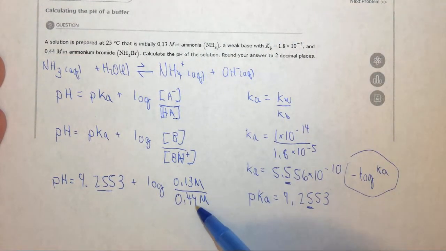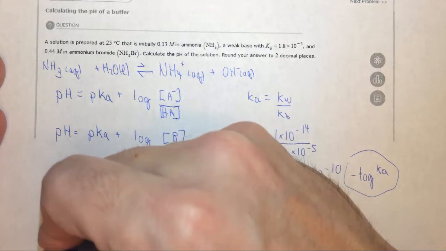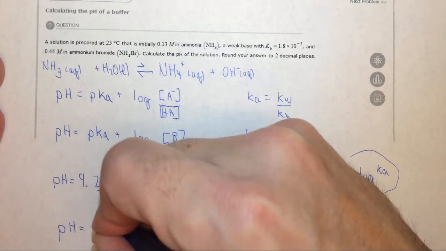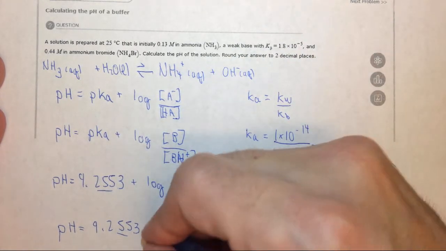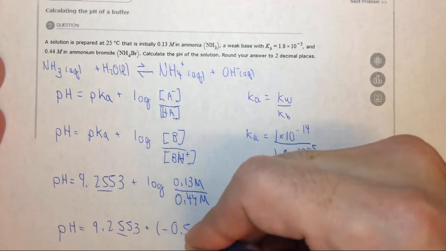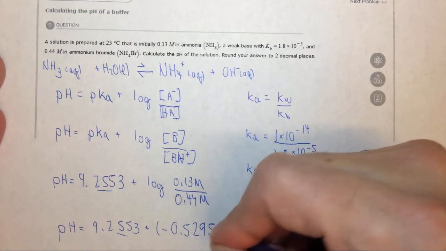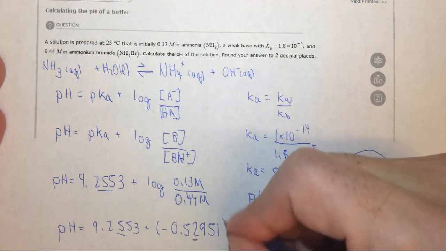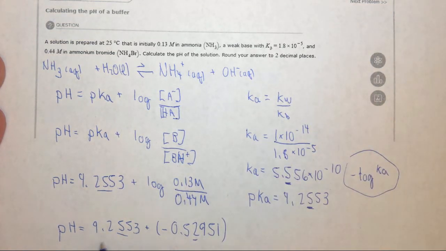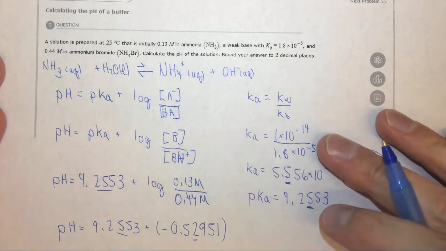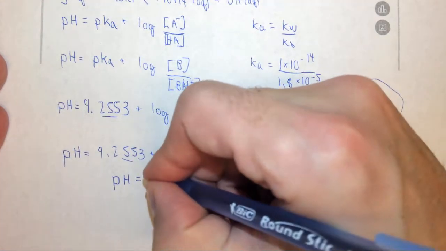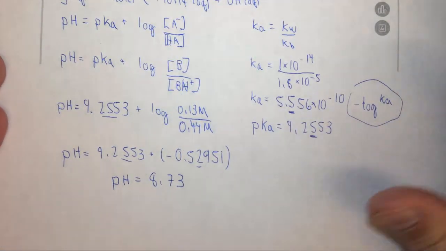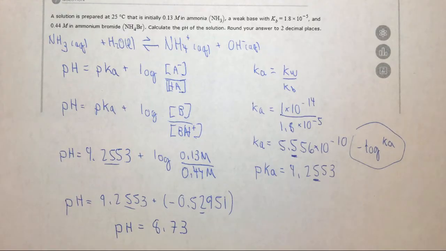I divide these two numbers in the calculator, take the log, and what I find is that pH equals 9.2553 plus negative 0.52951, where that's your sig fig. So I have a positive plus a negative, so I'm essentially subtracting. And when I do that, I find that pH equals 8.73. So this is a fairly complicated process with many steps, but it can be done for a base.